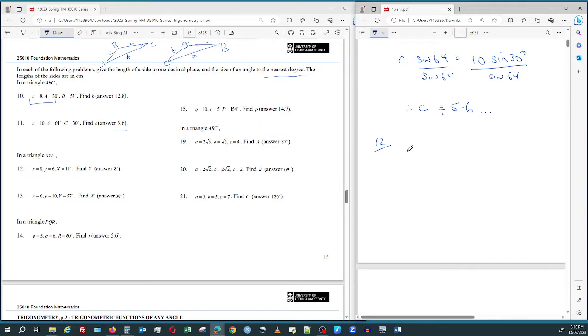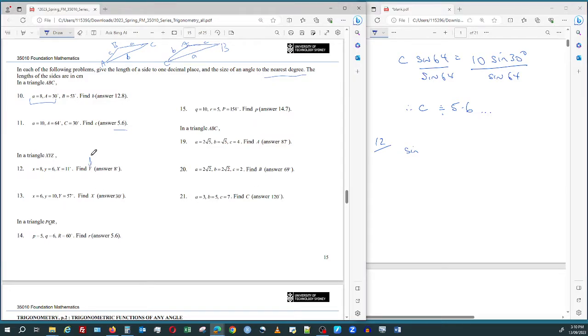Okay, x, y, and big X, so we're looking for x, y pairs. What's the rule? Sine y is the thing that we don't know. Ooh, it's a capital, so it's a degrees. It's an angle. So in the sine rule, it's going to be sine.